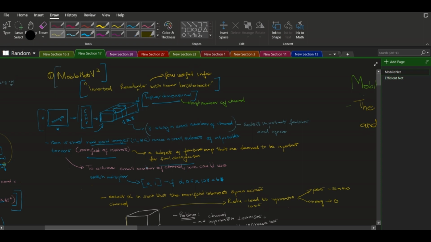To achieve a small number of channels, what we could use is the width multiplier. We spoke about this: essentially we introduce this alpha, and we multiply the dimension or channel by the alpha.